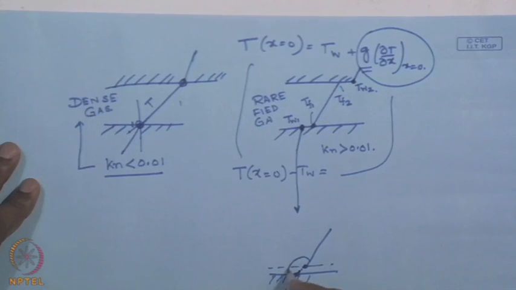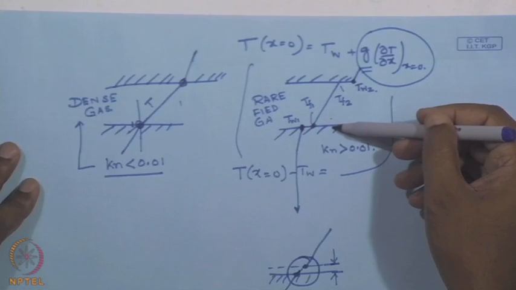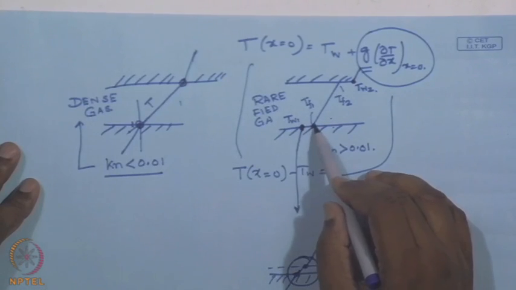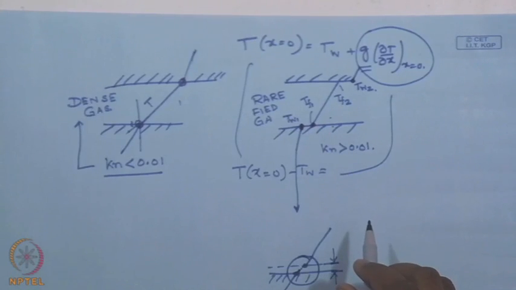So, it's conceptually easier to visualize the situation as if the presence of an additional gap is providing the extra resistance to heat transfer for rarefied gases.